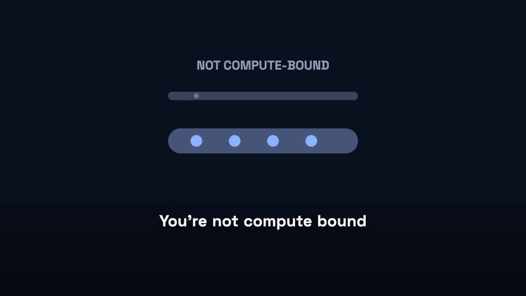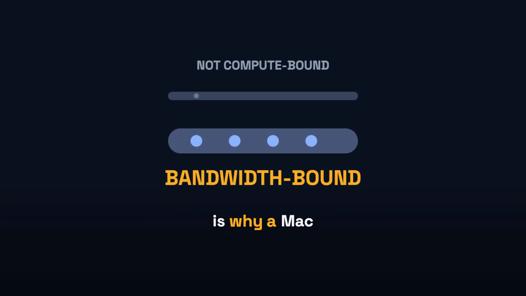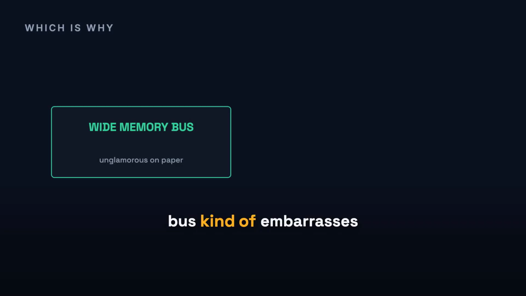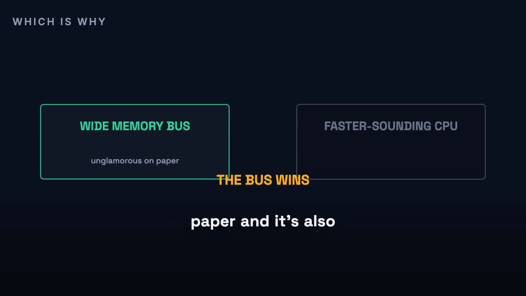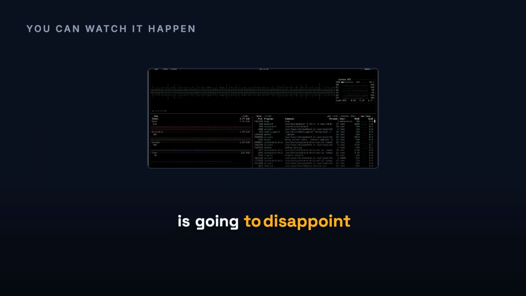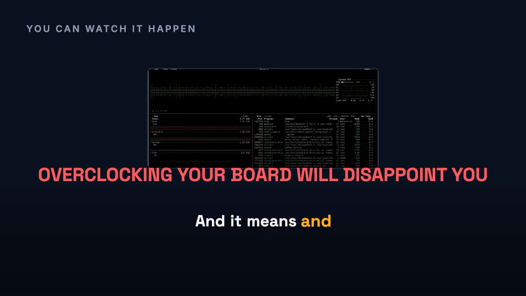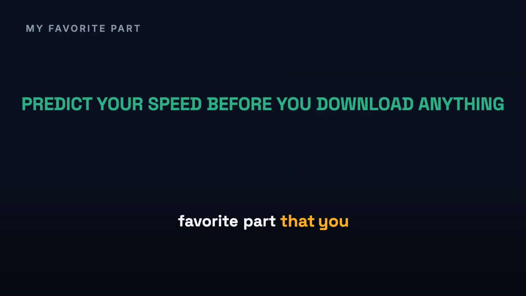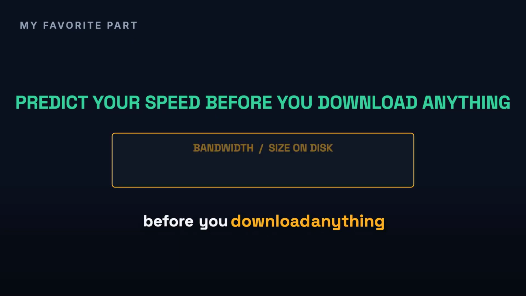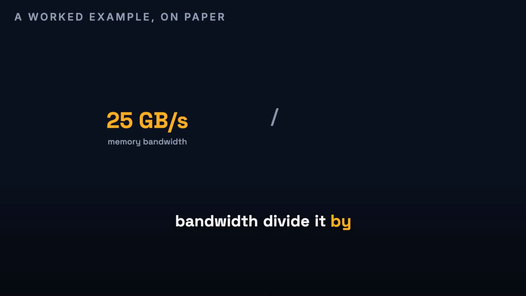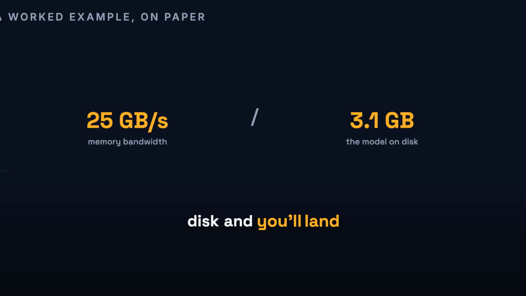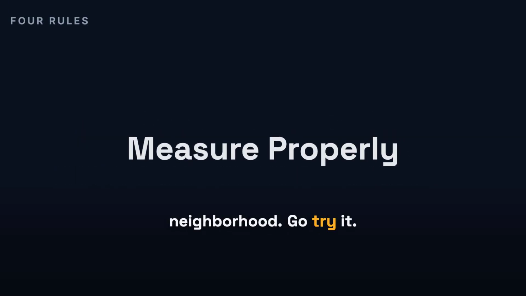You're not compute bound, you're bandwidth bound, which is why a Mac with that wide memory bus kind of embarrasses a board with a faster sounding CPU on paper, and it's also why overclocking your board is going to disappoint you. And it means, and this is honestly my favorite part, that you can predict your speed before you download anything at all. Take your board's memory bandwidth, divide it by your model's size on disk, and you'll land in roughly the right neighborhood. Go try it.